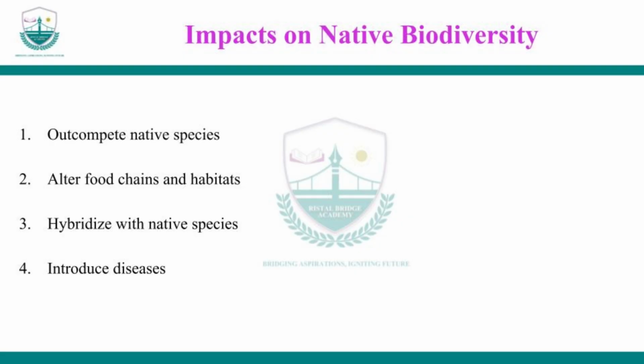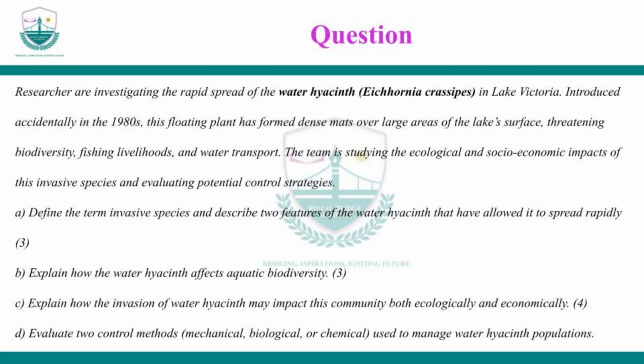For example, the water hyacinth blocks sunlight from reaching submerged aquatic plants. That limits photosynthesis and reduces oxygen levels in the water, harming fish and invertebrates. This addresses exam question part B. Explain how water hyacinth affects aquatic biodiversity.